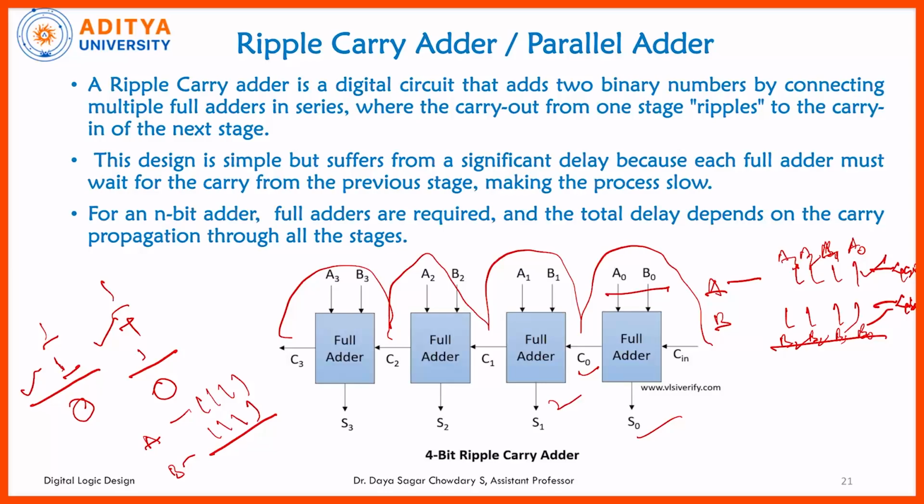Then A1 with B1, and at the same time the carry is also there, that is C0. So directly we can calculate the sum.